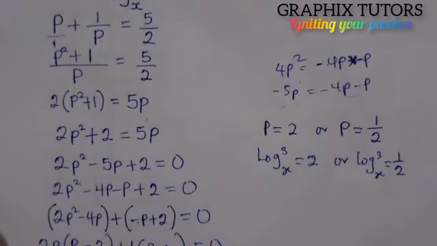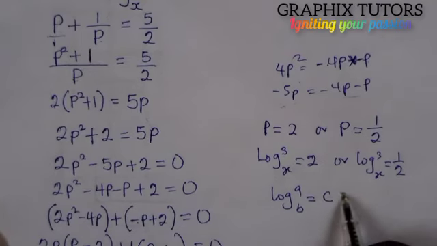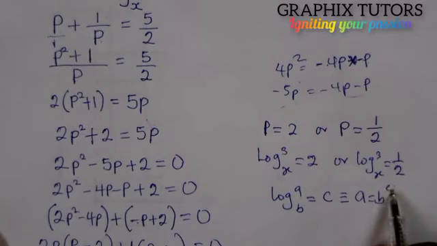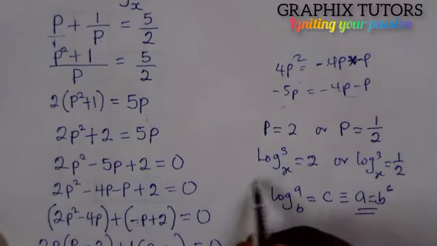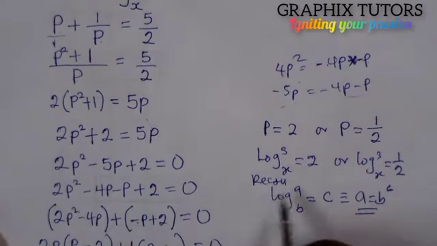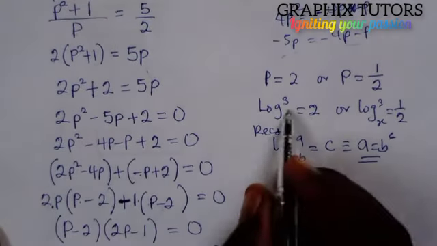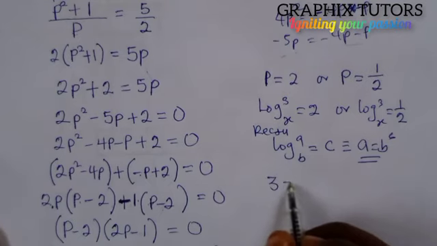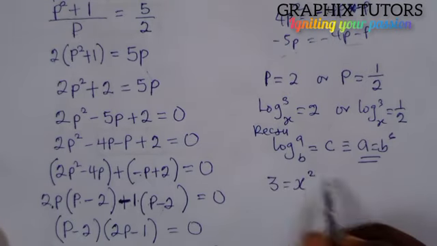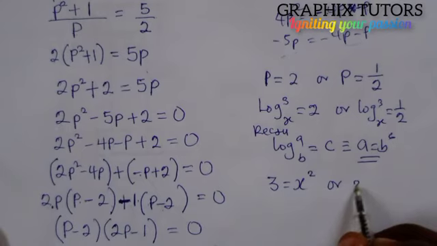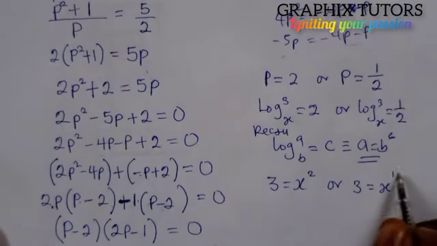Now there's a law in logarithm that says that if I have log a to base b equals to c, it is the same thing as writing a equals to b to the power of c. Look at this guy here, right? So recall. So from here, I can now say that 3 is equals to x to the power of 2 or 3 is equals to x to the power of 1 over 2.